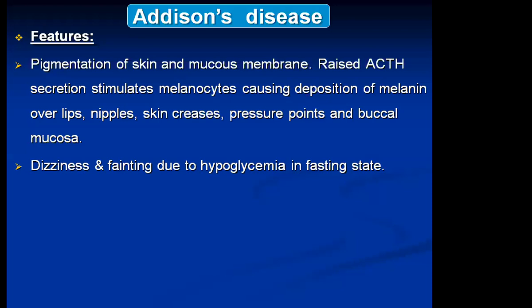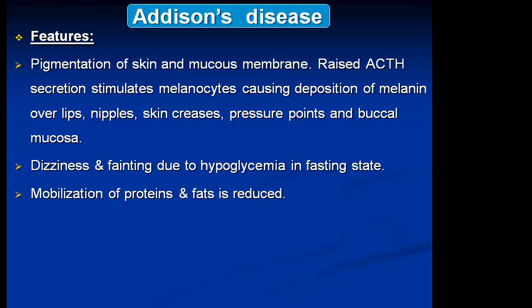There is dizziness and fainting due to hypoglycemia in fasting state. As you remember, cortisol increases the blood sugar level. In fact, it also causes increase in glucose synthesis as well as glycogen storage. However, if this cortisol is decreased, there will be hypoglycemia, especially in fasting state.